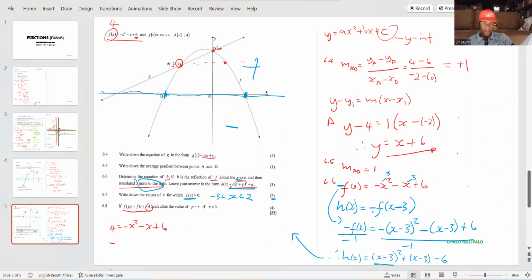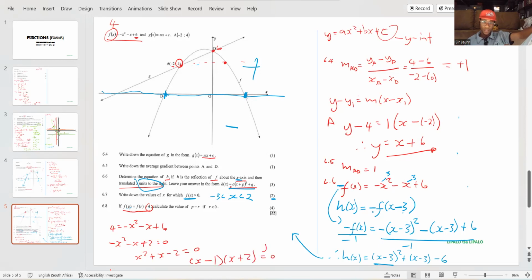So it's going to be negative x squared minus x plus 2 equals 0. X squared plus x minus 2 equals 0. I just divided it by negative 1. This can be factorized. X minus 1, x plus 2 equals 0.